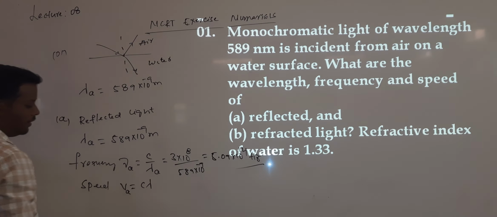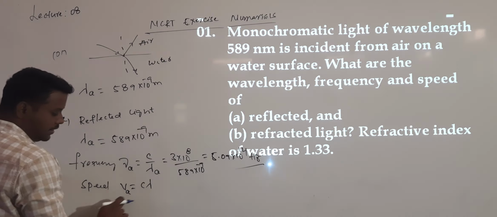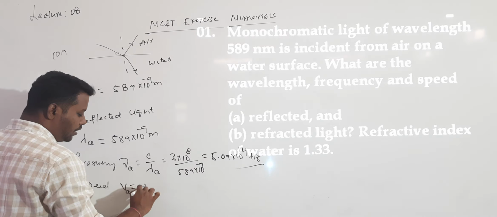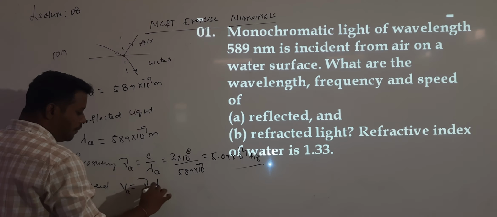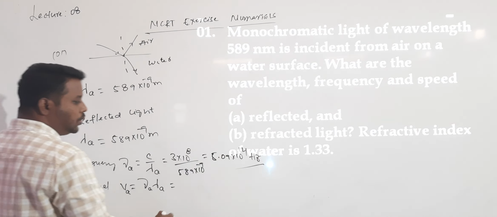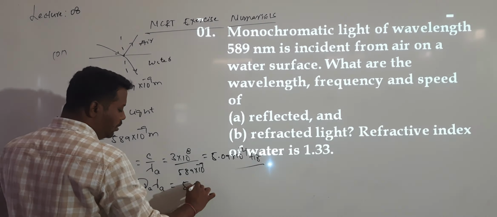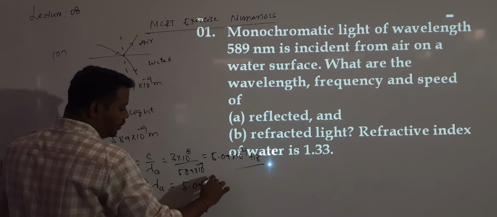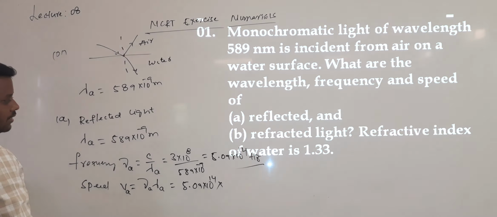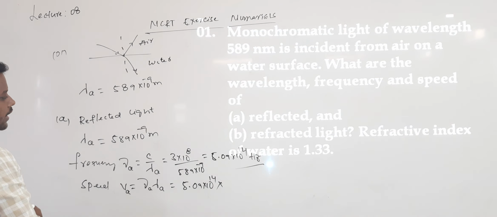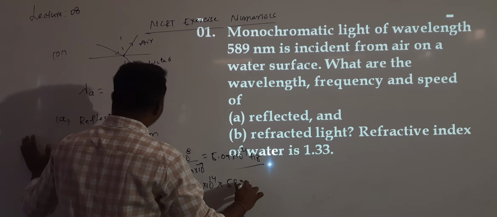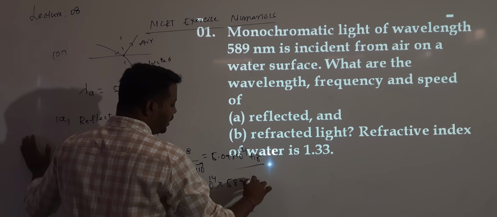So you multiply the nu value, 5.09 into 10 power 14, into the lambda value, 589 into 10 power minus 9.